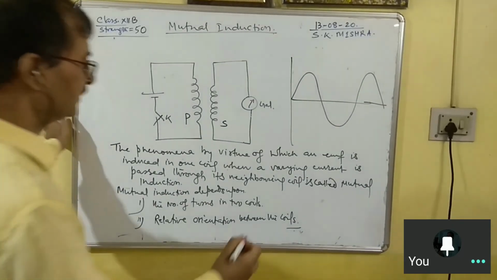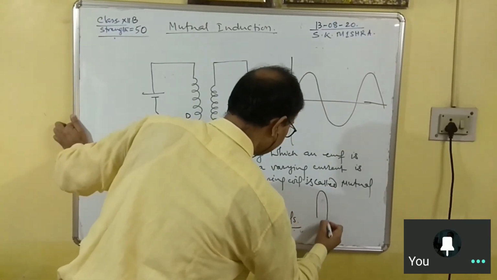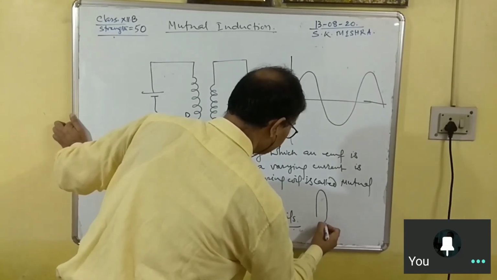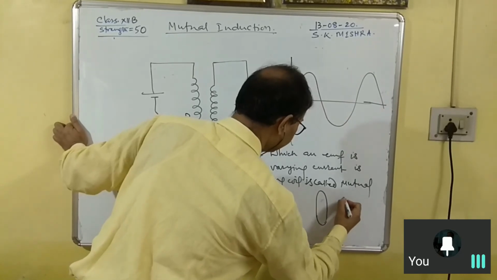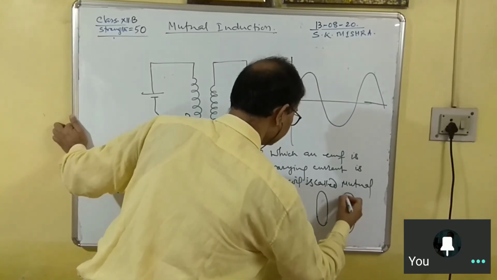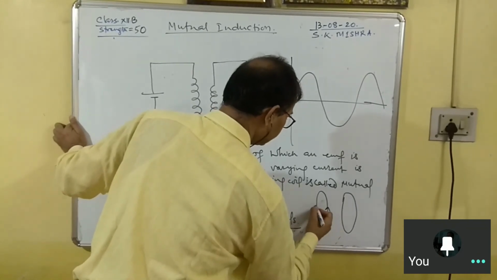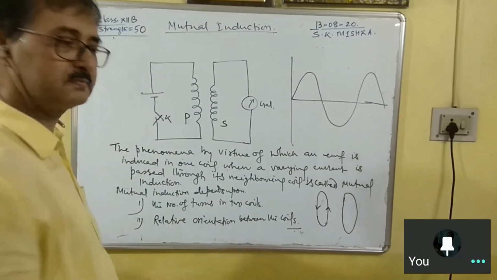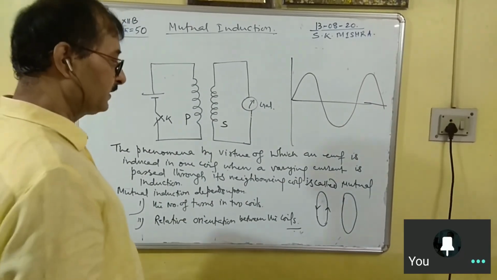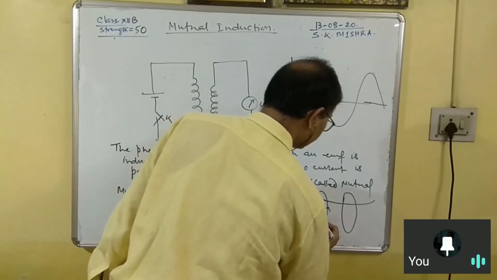Suppose you have two coils. So this is one of the coil. The another coil is placed here. And if you are sending a current, increasing current through one coil, then magnetic field lines of this one will also pass through the secondary coils.